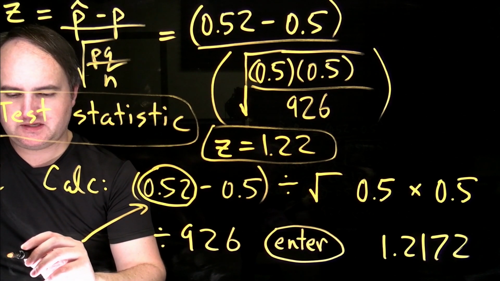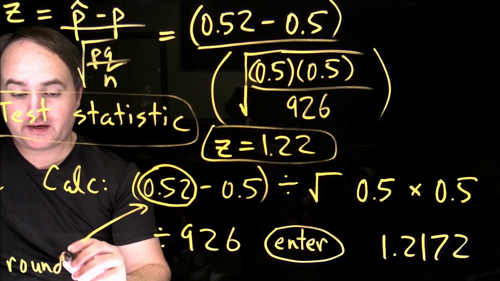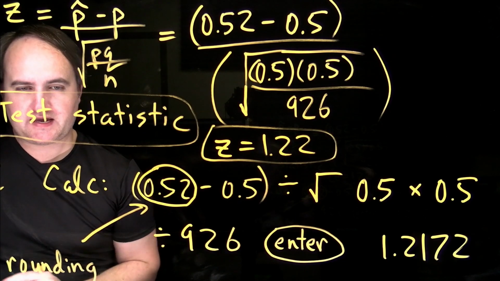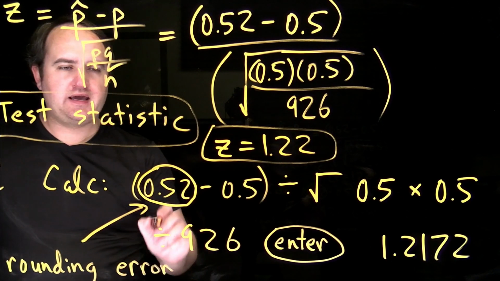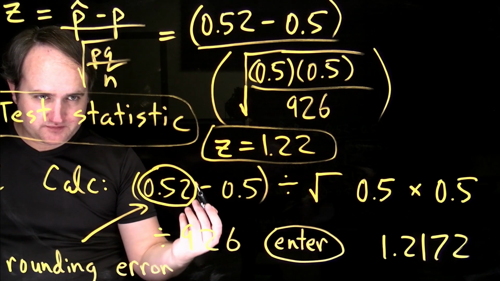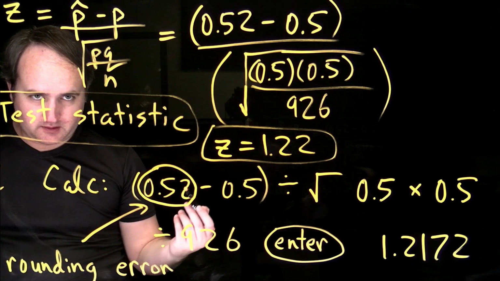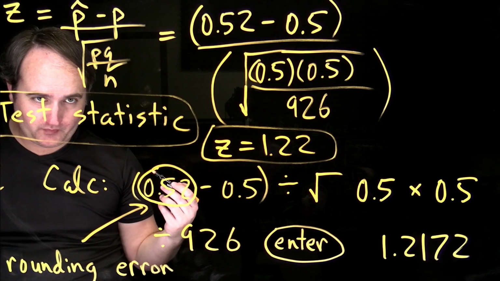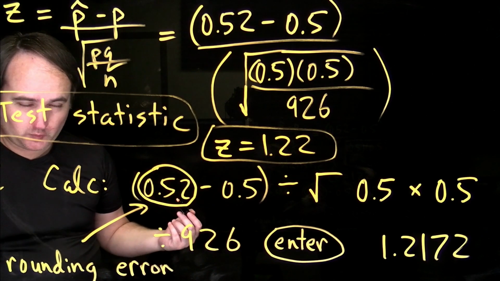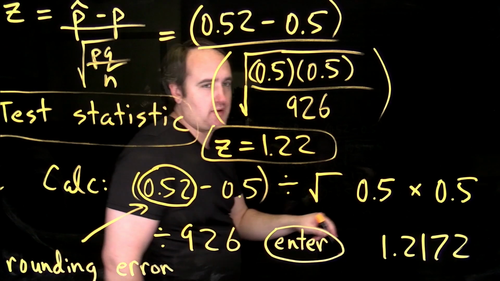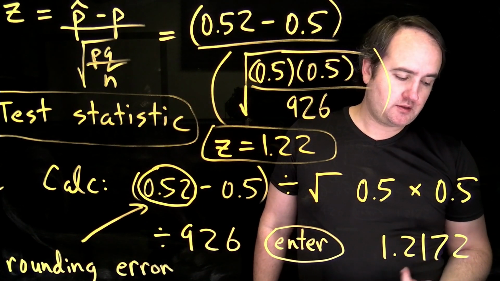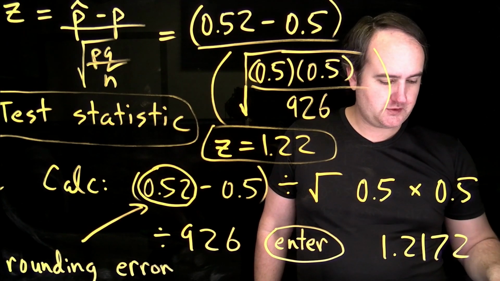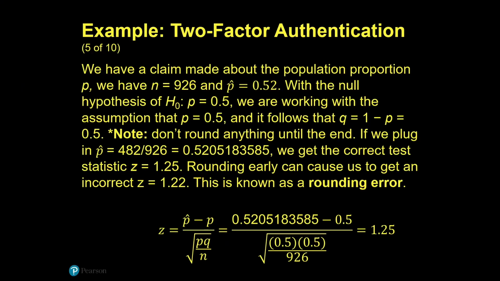What I just did in this video was called a rounding error, caused by this 0.52, which they had already rounded. We used that, and it messed up our answer. The number we should have gotten was closer to 1.25. Let's look at the PC while I erase all this.